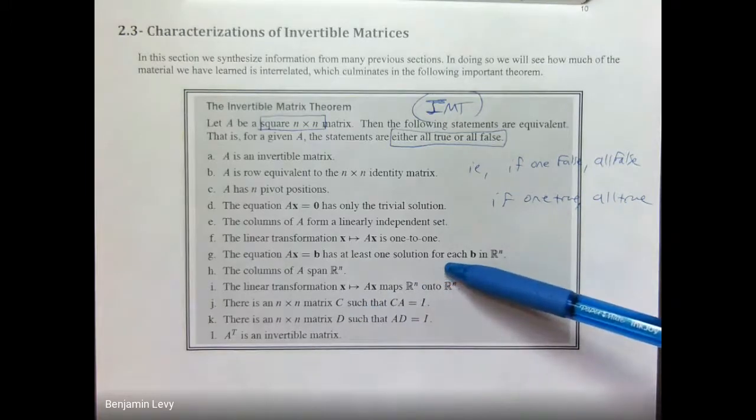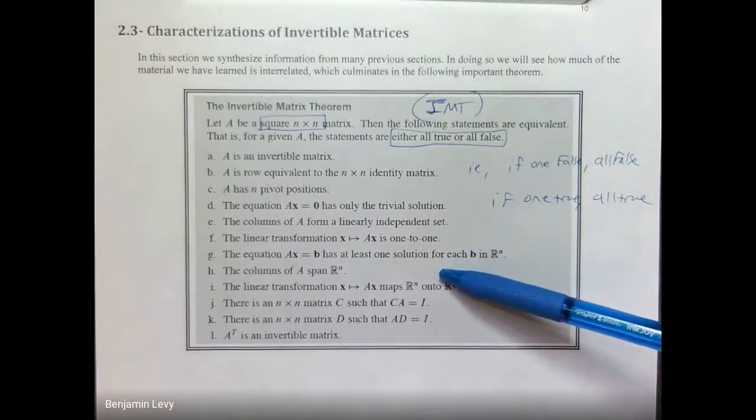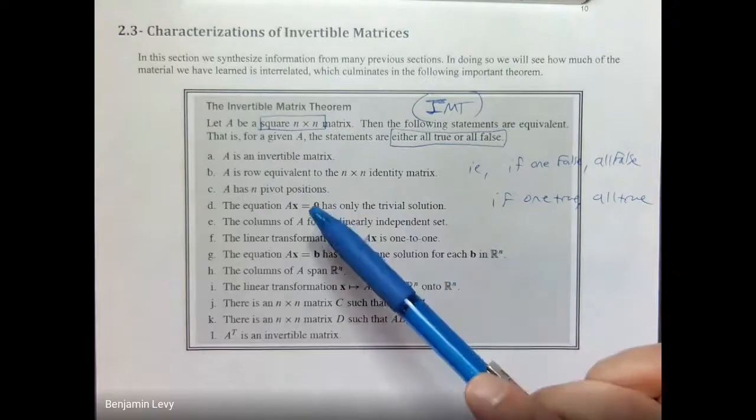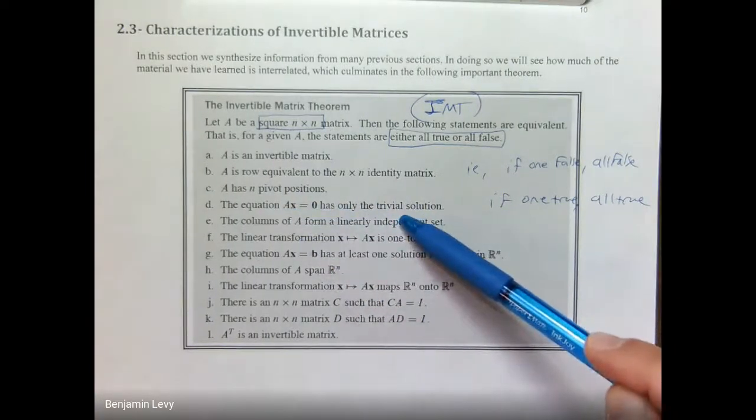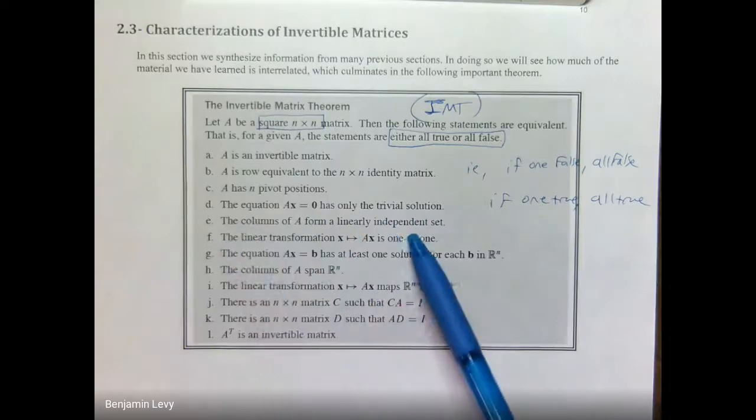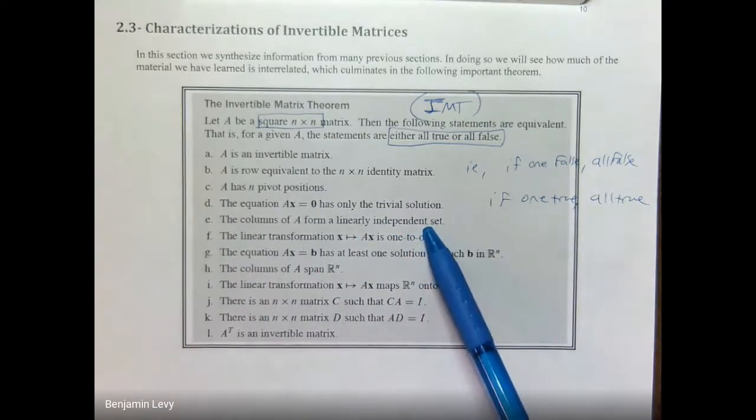That also means that if there's a pivot in every row and column, there's no free variables. If there's no free variables, that means there's only the trivial solution to the homogeneous equation. It also means E: there's only the trivial solution. That's how we figure out if things are linearly independent, et cetera.